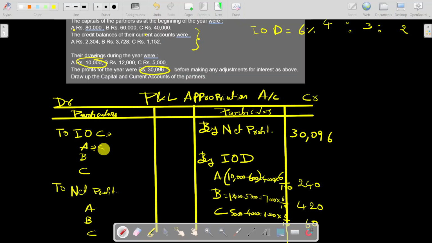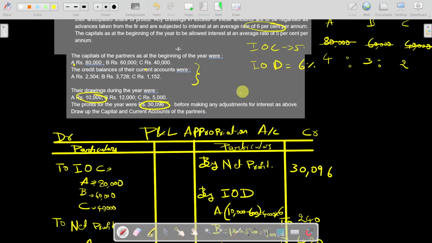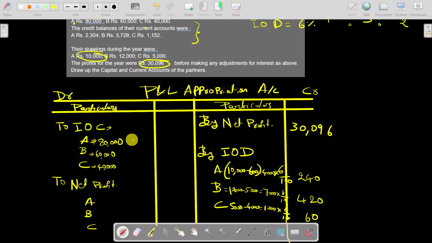So 80,000, 60,000, 40,000. And interest on capital, how much interest on capital? 5%, 5% per annum. So 80,000 into 5 by 100, 60,000 into 5 by 100, 40,000 into 5 by 100.